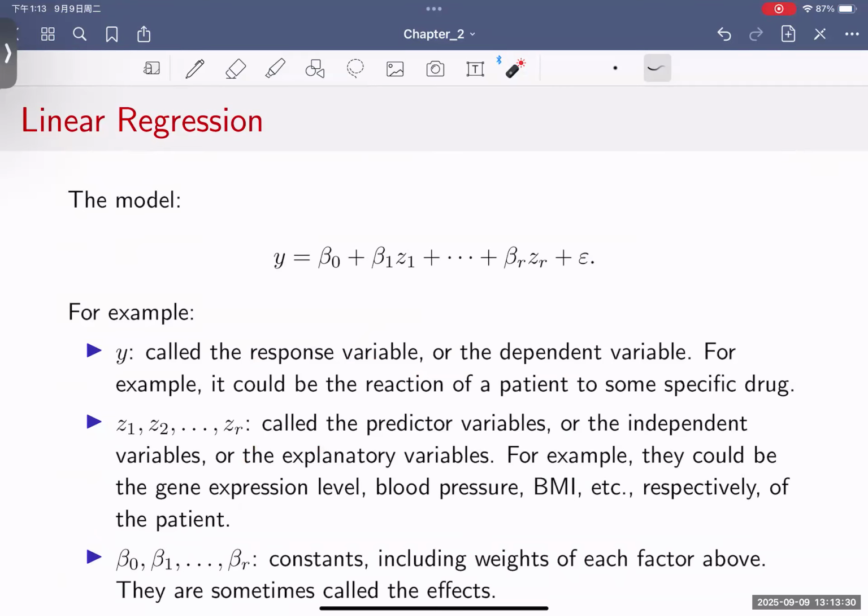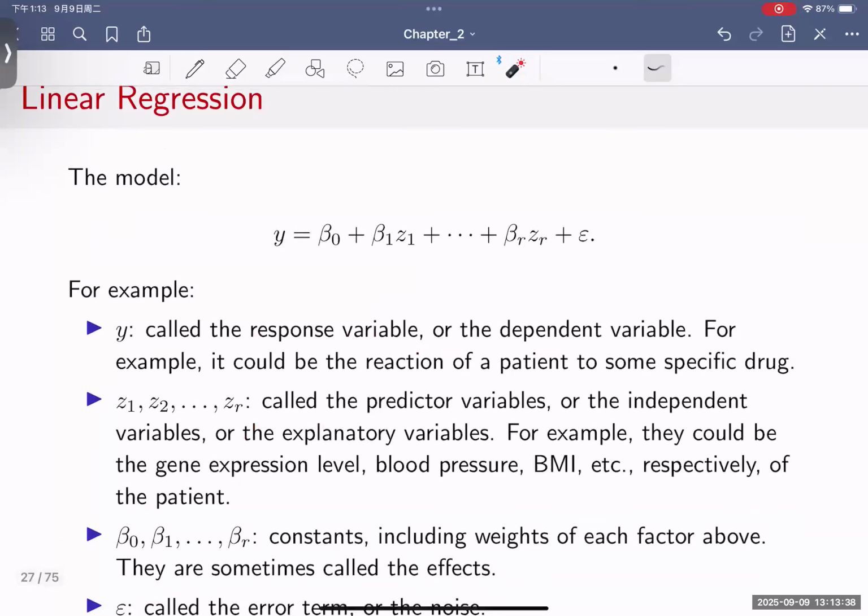At this moment, we no longer have only one feature; we will have r features. So a single data point plays the role of Z1 to Zr, standing for the first feature to the r-th feature. Z1 to Zr are also called independent variables, features, or predictor variables. They all stand for the data we use to represent our Y. Our Y is the response variable.